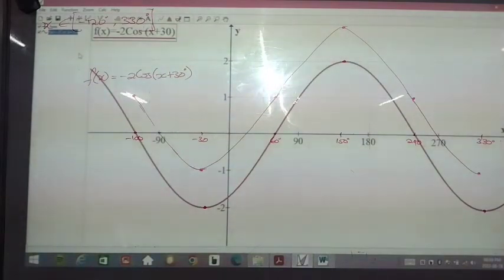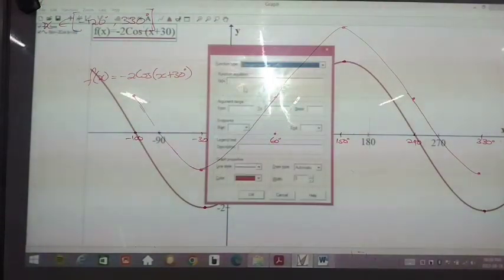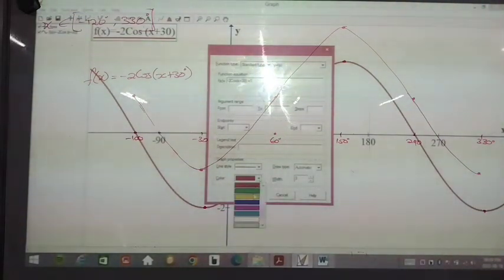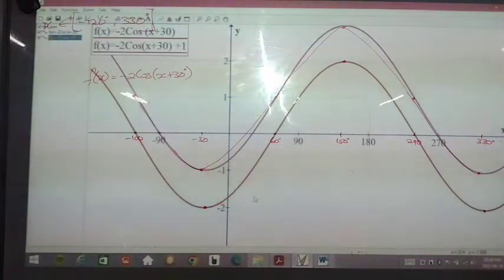So I'm just also going to put the graph that we want so that we get the accurate picture of it. All right, there we go.